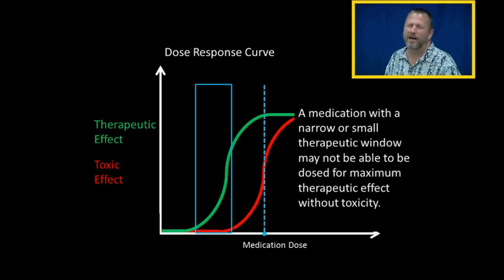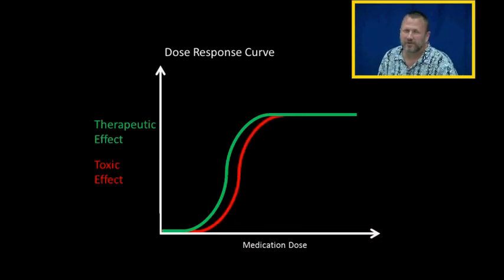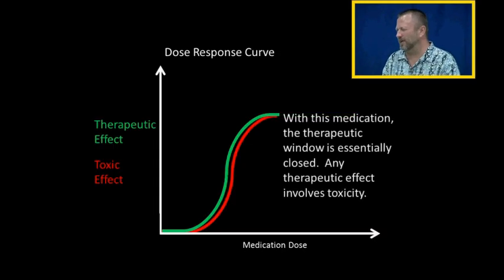So this would be a more dangerous drug. Well, some drugs are toxic medications, like certain cancer chemotherapeutic drugs, where we cannot achieve therapeutic effect without toxic effect. And so with this medication, the therapeutic window is essentially closed. Any therapeutic effect involves toxicity.